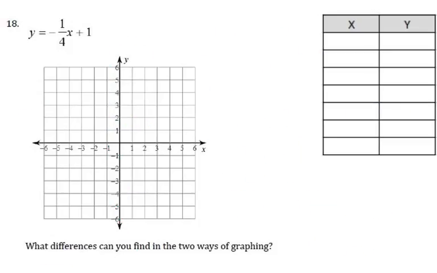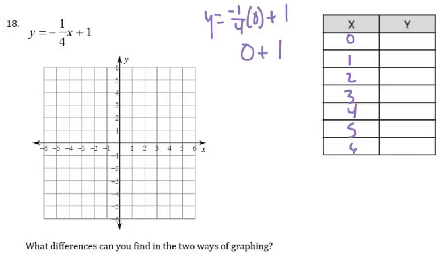Alright, last one. So let's start with the table this time. So let's just go like some of you may do. You go like 0, 1, 2, 3, 4, 5, 6. So y equals negative 1/4 times 0 plus 1. Plug in the 0 for x. Negative 1/4 times 0 is 0. Plus 1 is 1. So y equals 1.